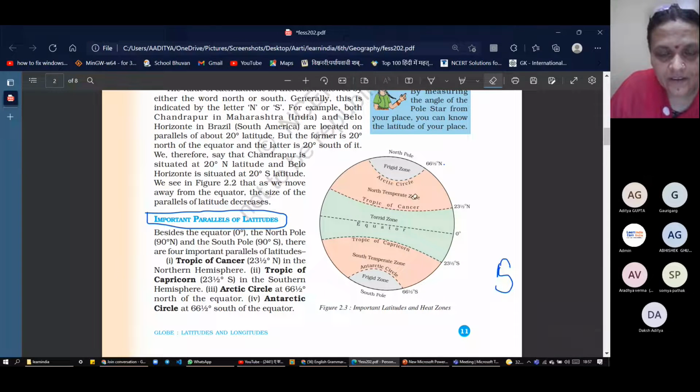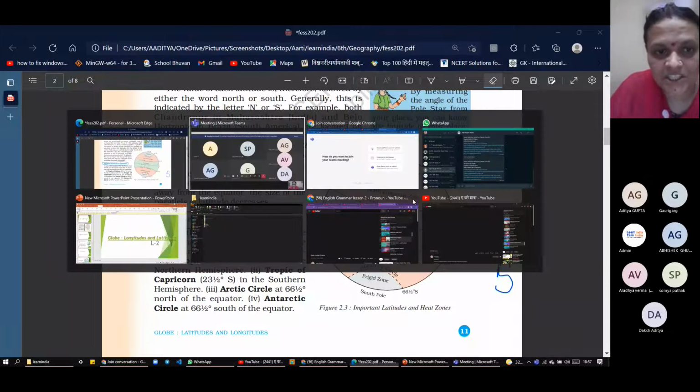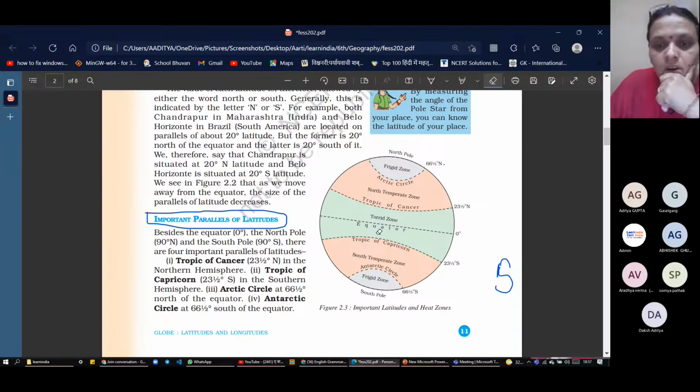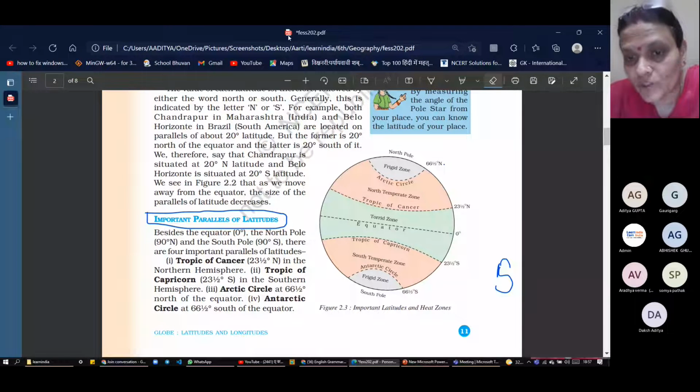Now, seeing this, you can answer me. Which parallels of latitudes are there to the north of the equator?